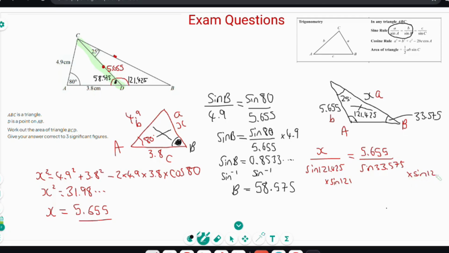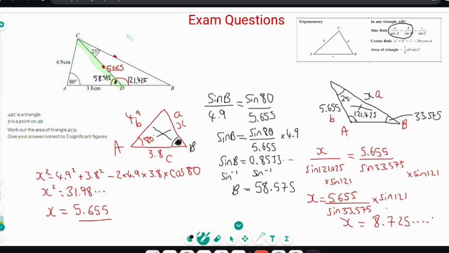I'll type the whole thing in my calculator. Gives us x is 8.725. Goes on forever.